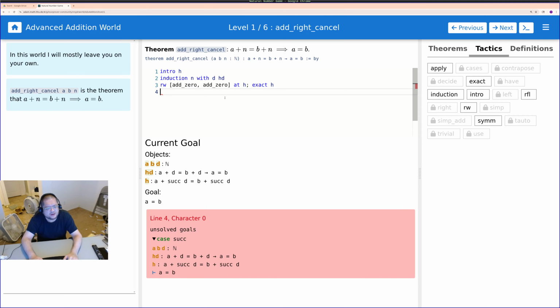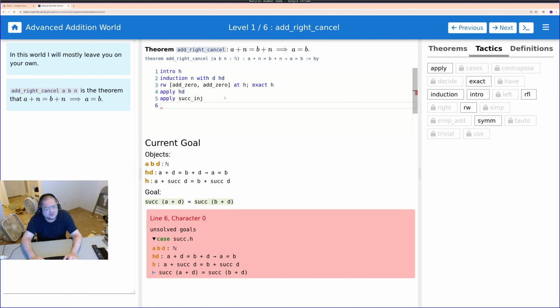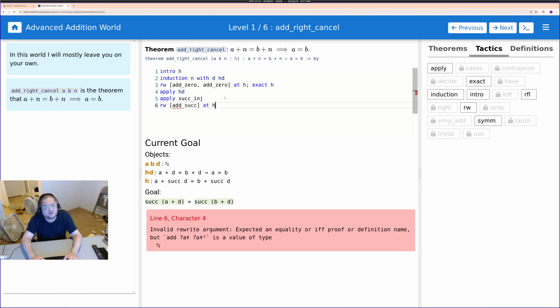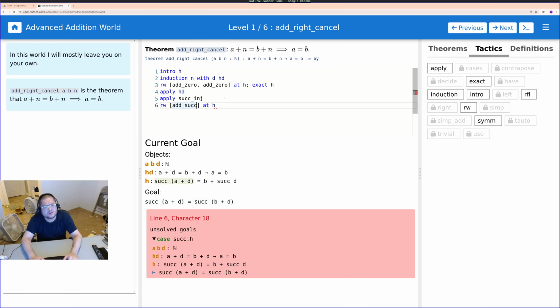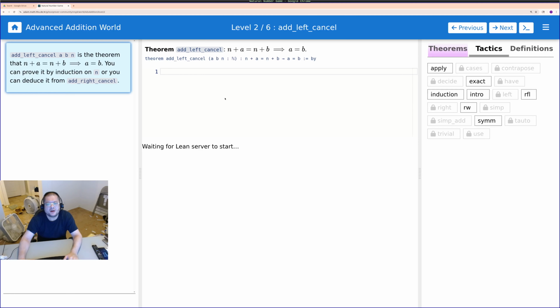Now we have to handle the inductive case. Alright, now I think we just do that, and okay, great.